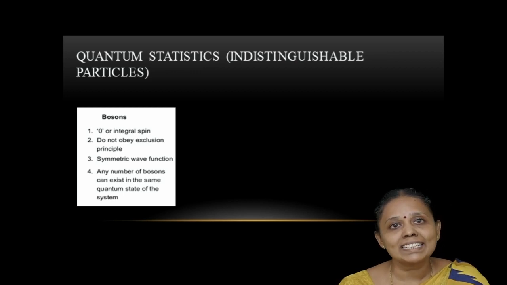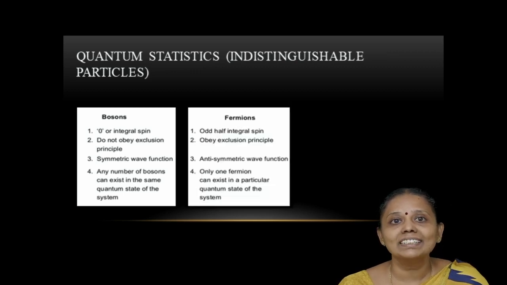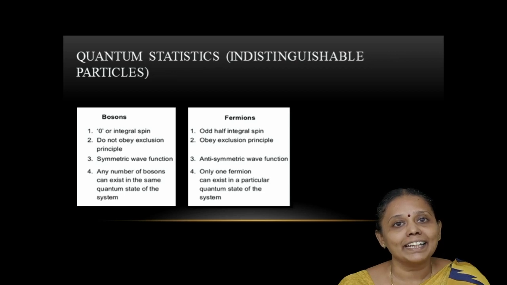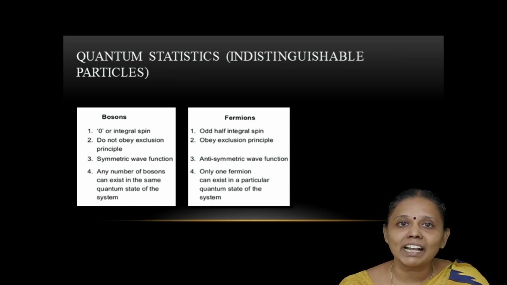But in the case of fermions, it is different. Here the particles have odd half-integral spin, they obey Pauli's exclusion principle, and they represent antisymmetric wave functions. Only one fermion can occupy a particular quantum state of the system.